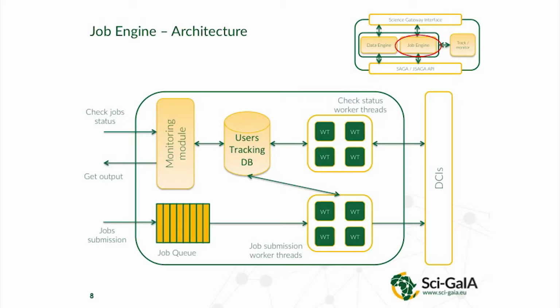Once the job submission process is completed, a thread from the check status worker thread set starts and runs periodically to check the job status. And this thread also stores the job status updates in the user tracking database.